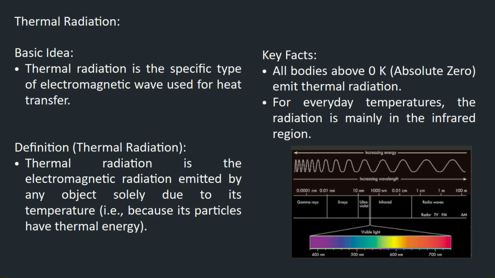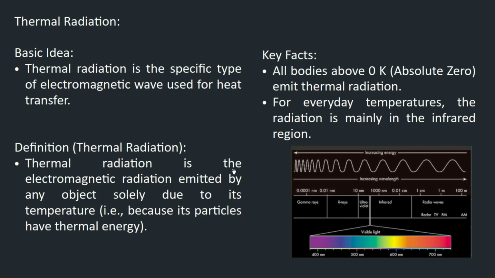So let's look into thermal radiation. That's what is there in the syllabus. Thermal radiation has the properties of radiation. Thermal radiation is a specific type of electromagnetic wave. It's a subset of electromagnetic waves used for heat transfer.